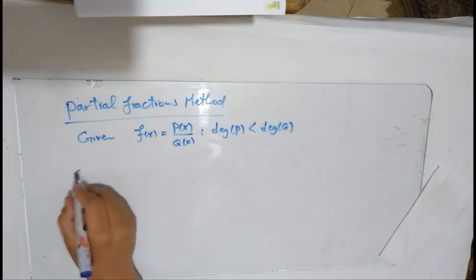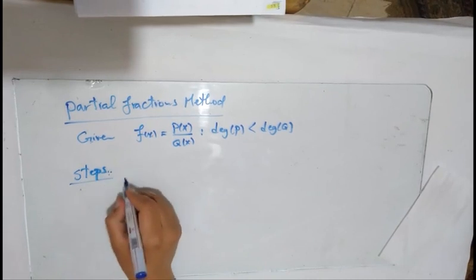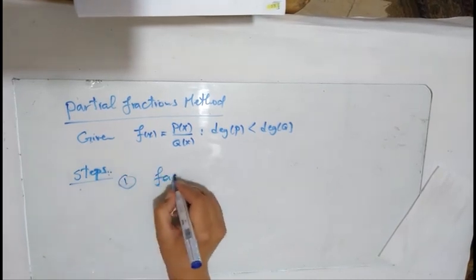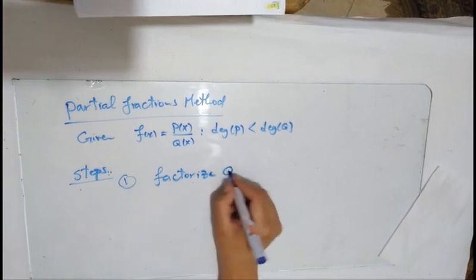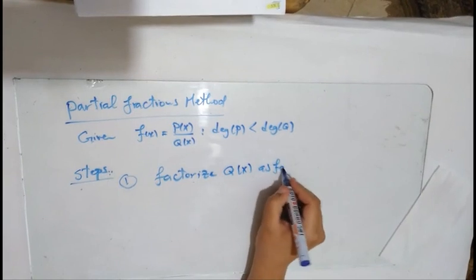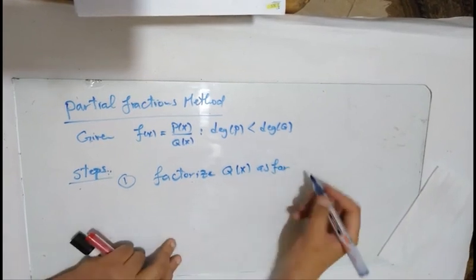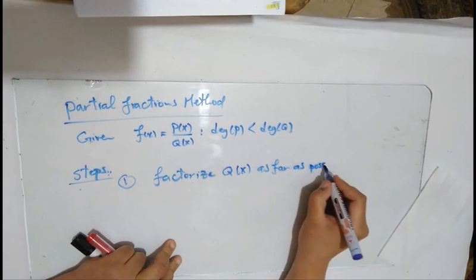Okay, so our steps. The first one is to factorize the denominator, which is q of x, as far as possible.